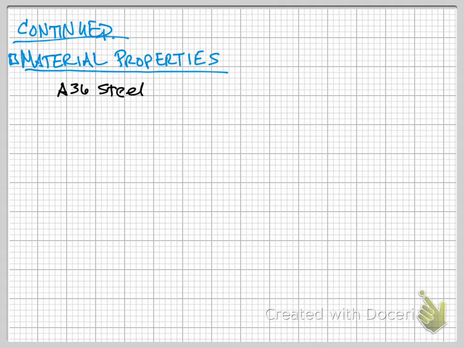I'm going to move on into defining our material properties. We're going to use A36 steel as stated in the problem. The values of the different material properties I'm going to get out of table F2 in the Craig textbook, so make sure you reference your references.